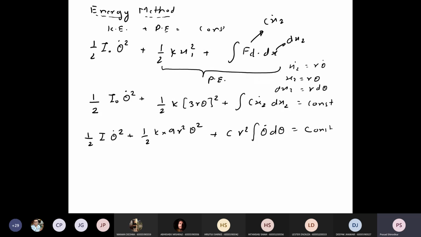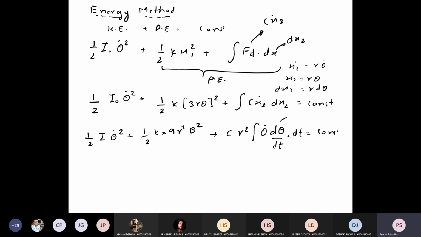Instead of writing it as d theta, I'm going to write d theta by dt into dt. It remains the same; I'm just manipulating it so that it becomes a differential of time.